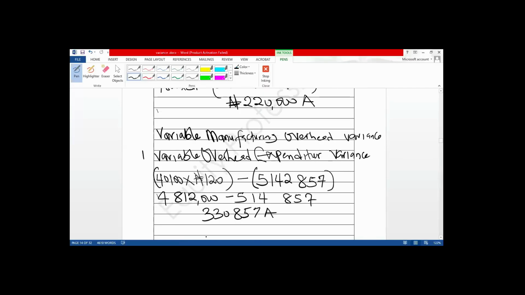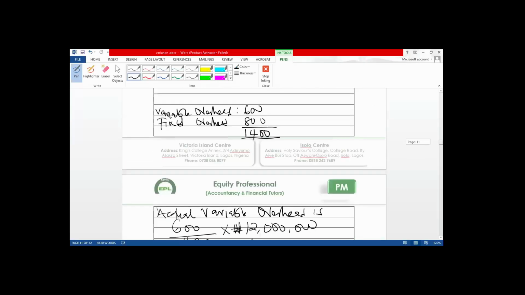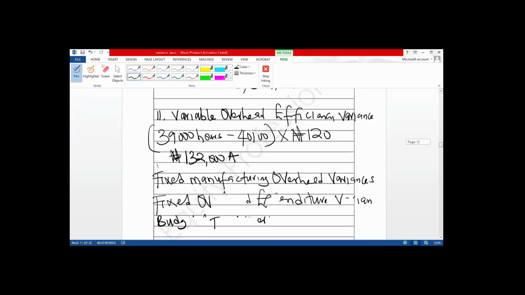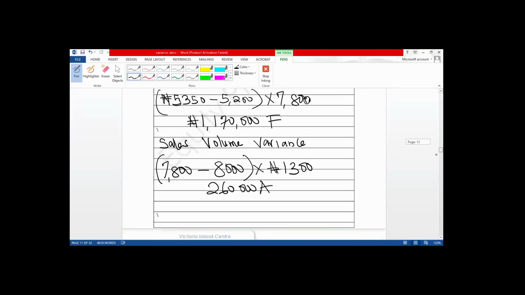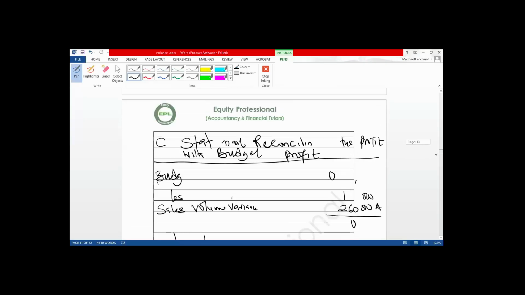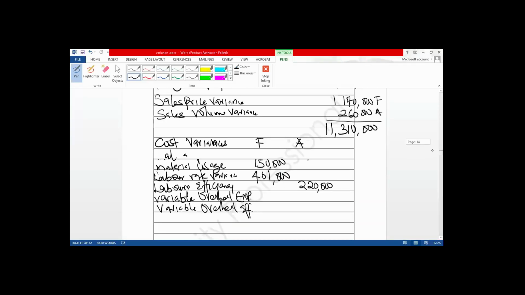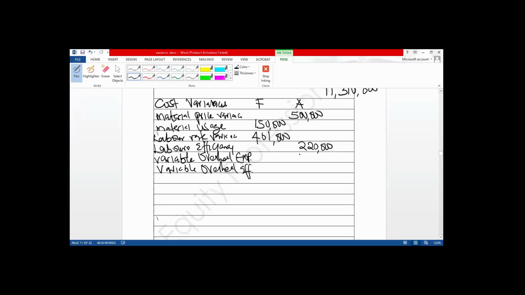Variable overhead expenditure adverse 330,857. Efficiency 132,000 adverse.